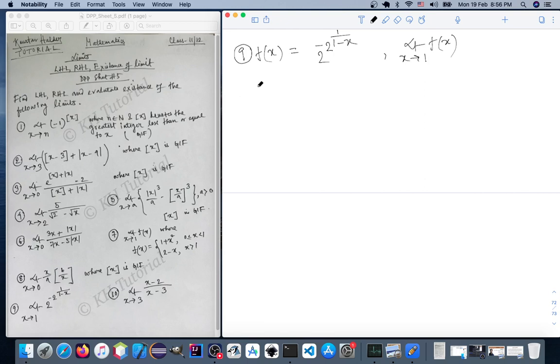So LHL is limit x tending to 1 minus f(x) equals limit h tending to 0 f of 1 minus h. This equals limit h tending to 0 2 to the power minus 2 to the power 1 minus h.